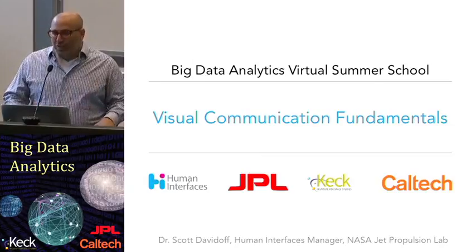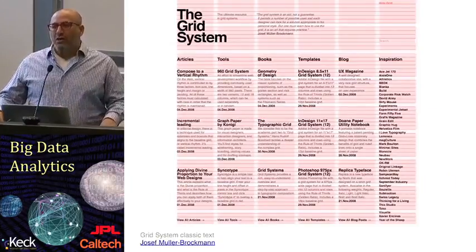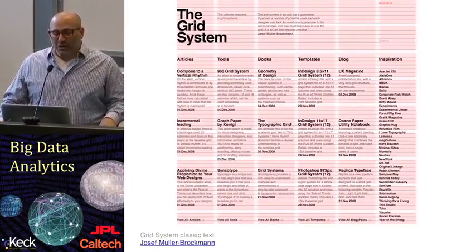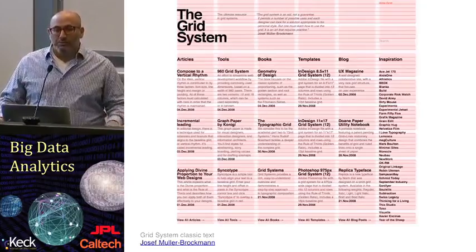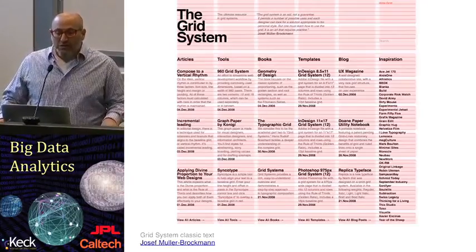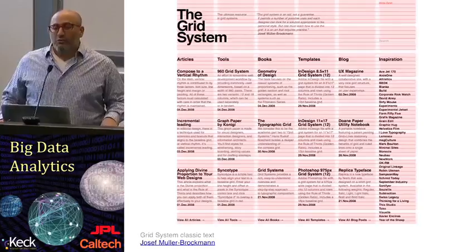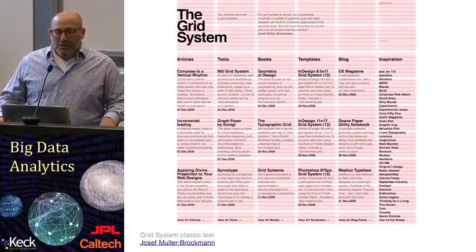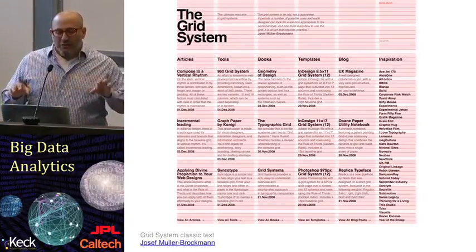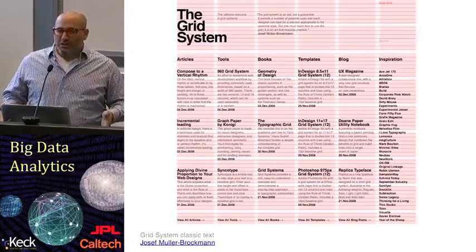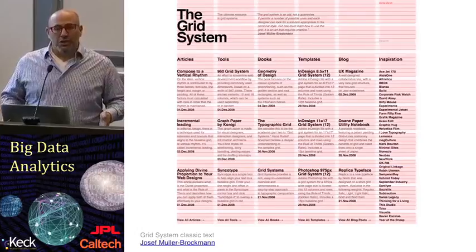So the first, and probably one of the most often overlooked ideas, is the concept of the grid system. This is a page that I've taken from Josef Müller-Brockmann's extensive book on grid systems. What you can see here is he's laid out the idea of how a grid organizes data when it's presented on a page.